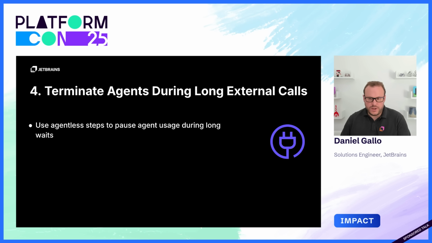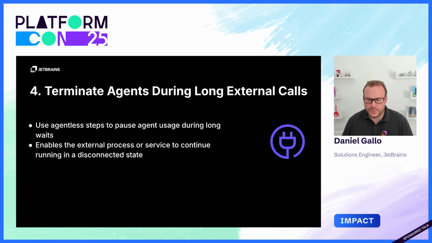So, if possible, try and use an agentless step to pause the agent usage during those long wait periods. This will enable the external process to continue running, but your agent doesn't have to be running. It can be terminated, and then that service could call back to your CI and tell it once that's done.